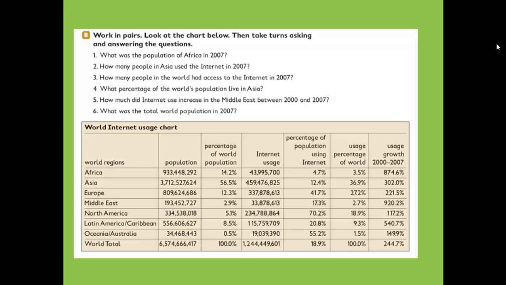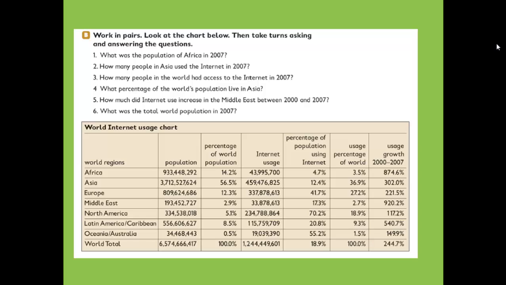Number 3, how many people in the world had access to the internet in 2007? 4, what percentage of the world's population live in Asia? Number 5, how much did internet use increase in the Middle East between 2000 and 2007? And the last question, number 6, what was the total world population in 2007?